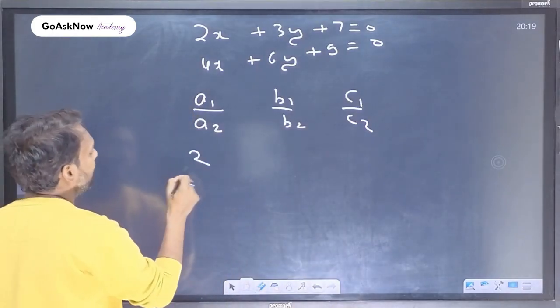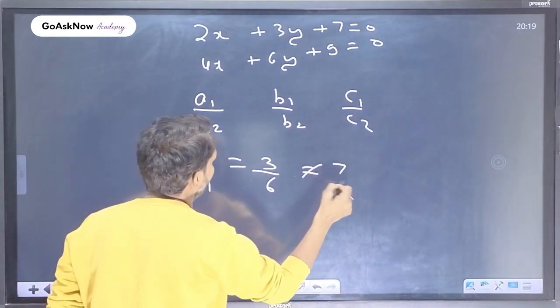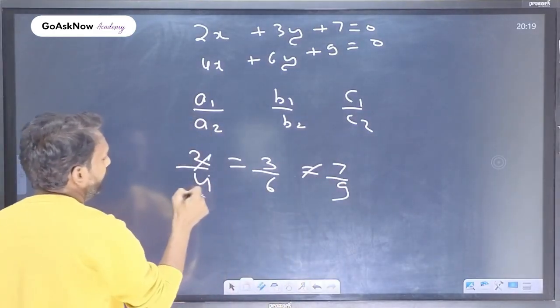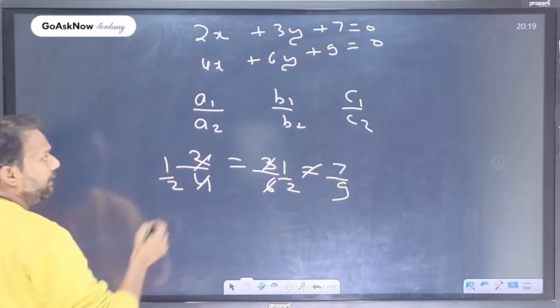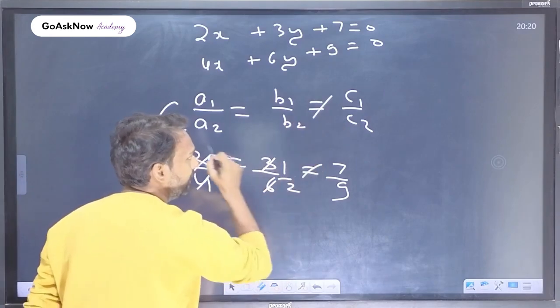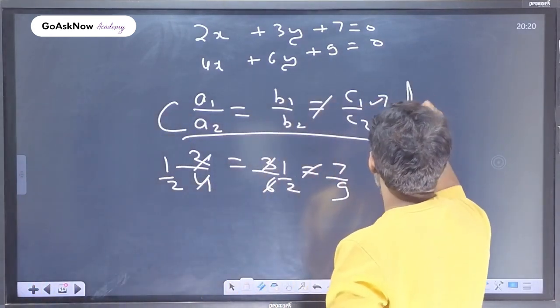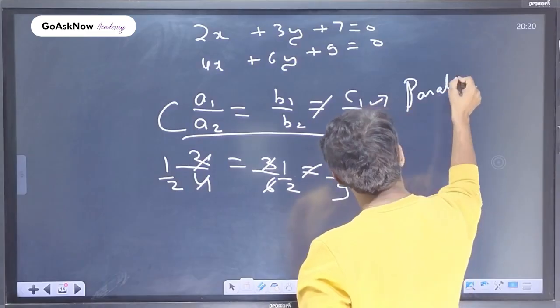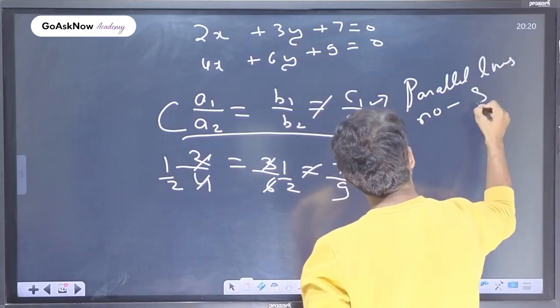Here we see that 2 upon 4 equal to 3 upon 6 and not equal to 7 upon 9. 1 by 2 is not equal to 7 upon 9, meaning a1 upon a2 equal to b1 upon b2 not equal to c1 upon c2, and this represents a set of parallel lines. Hence no solution.